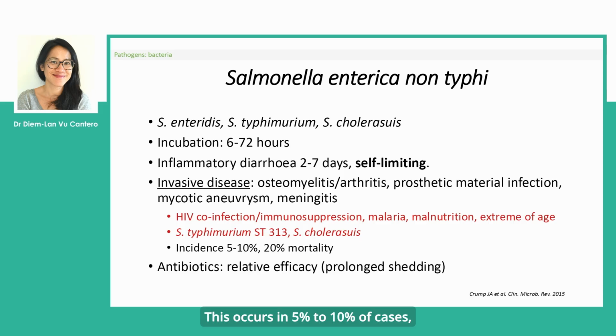This occurs in 5 to 10% of cases, but mainly affects at-risk populations, such as patients with HIV, immunocompromised patients, patients with malaria, malnutrition, and those at the extremes of age. Some Salmonella species are also more virulent, but they are not really prevalent in Switzerland. Antibiotics, except in the case of invasive disease, are not really helpful, and they can even prolong the shedding of the bacteria.